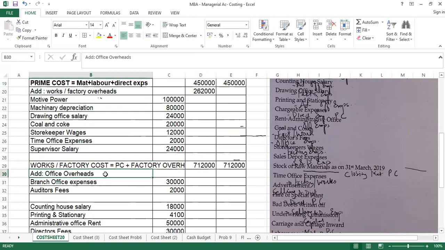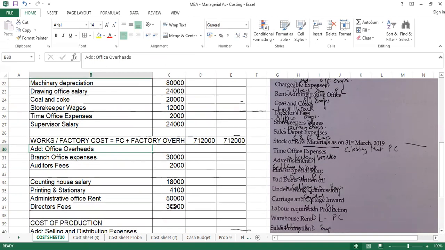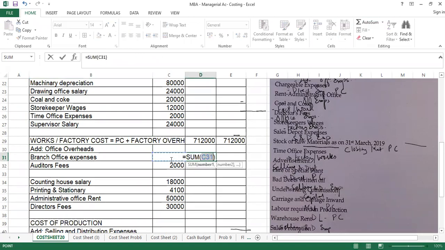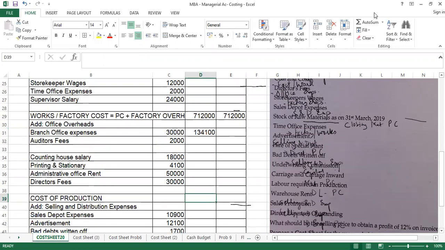Next, we add up the office expenses. If we add up all these expenses of the office, that will come to 1,34,100. If you add this, you will get the cost of production. So 7 lakhs plus office expenses, your total cost of production is 8,46,100.